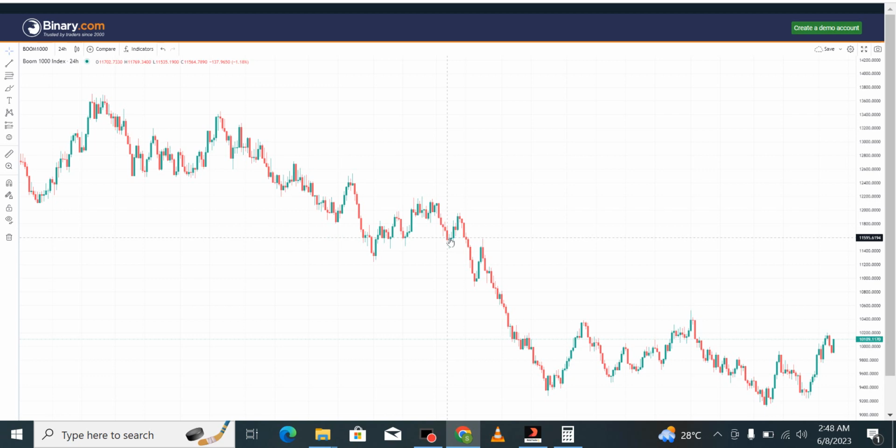Most people go into the market to sell at the low and buy at the high, which is a wrong way of trading. When you sell at the low, then definitely you are selling at the wrong time. You can imagine you coming into the market to sell Boom around here, placing your order around here with the mindset that this is the 24-hour time frame.